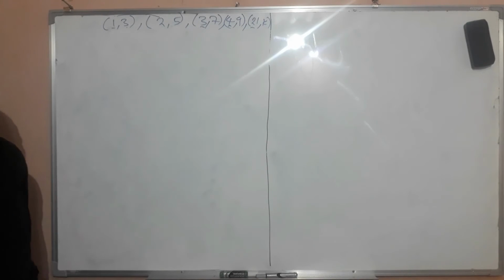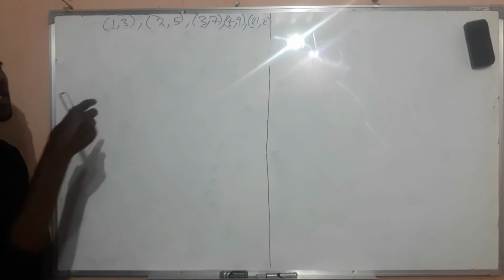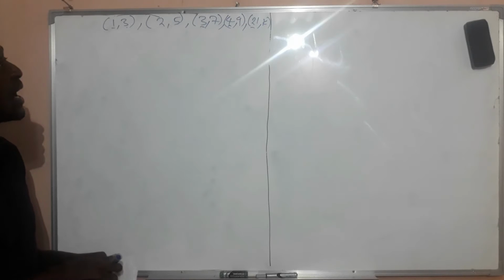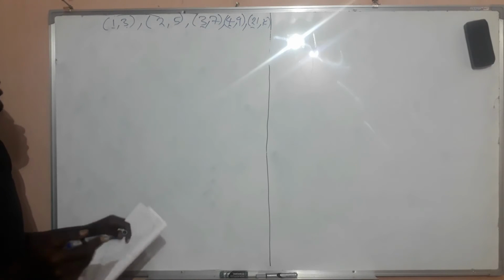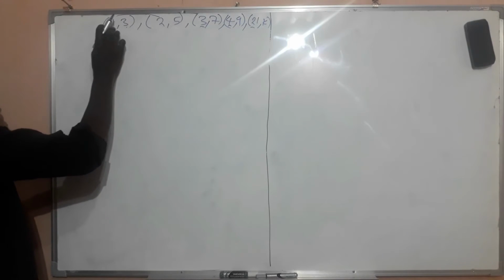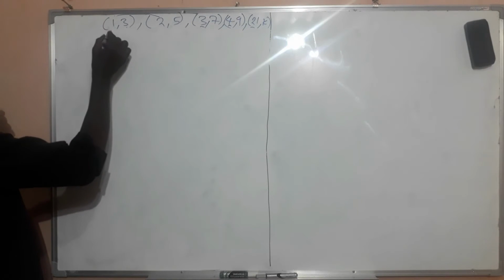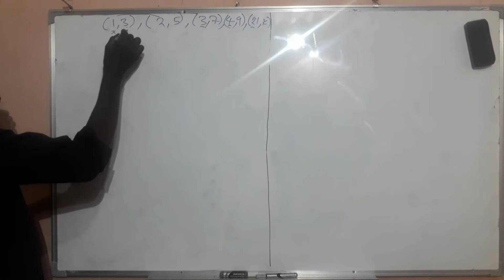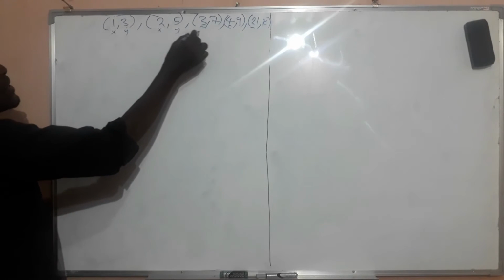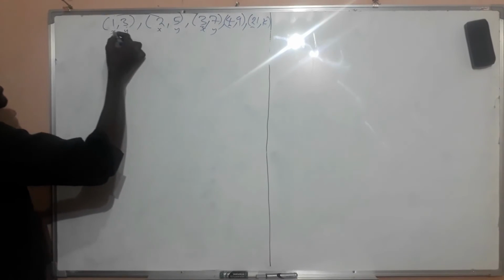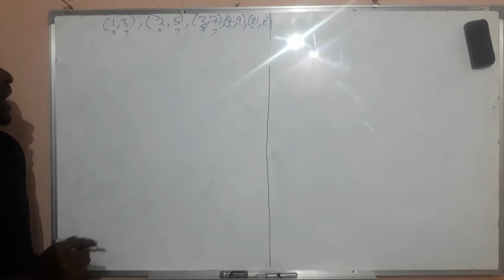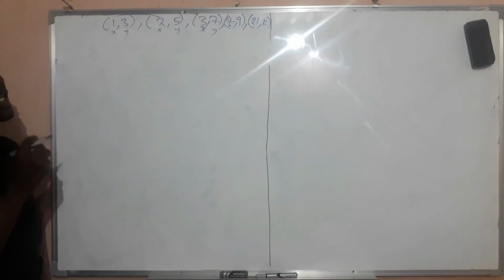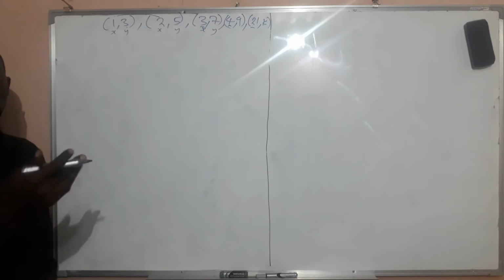On the last part, we were finding the function which shows the relationship between these values of x and y. When you have ordered pairings like this, the first number is usually the value of x, and then y. So x is 1, y is 3, x is 2, y is 5, just like that. And so when we say find the equation here, we are just going back, we already found it.